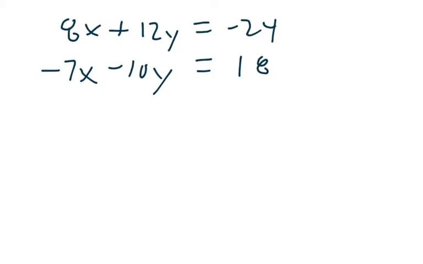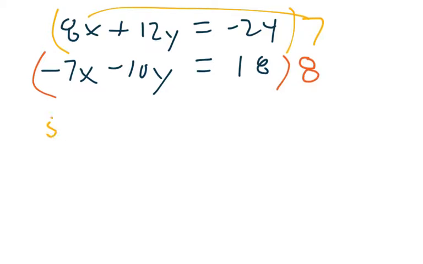Now, the trick to this one, guys, is I'm going to multiply this by 7, and I'm going to multiply this one by 8. And you're going to see the reason why when I'm done. Okay, so 7 times 8 is 56x. 7 times 12 is 84y. 7 times negative 24 is negative 168.